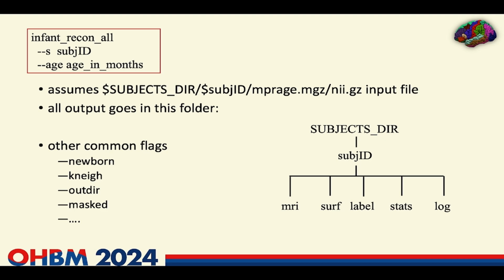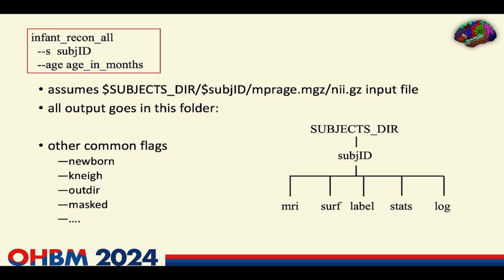Just like FreeSurfer, there's going to be a very organized output folder structure. Your subject directory can contain multiple subjects. Your subject ID corresponds to the particular subject you are currently organizing. And then the following five folders are going to be created. MRI, which contains the volumetric representations of your analyzed data.